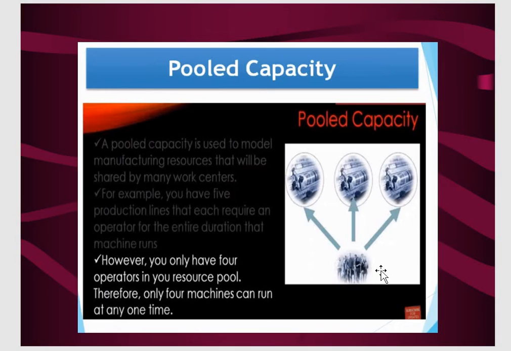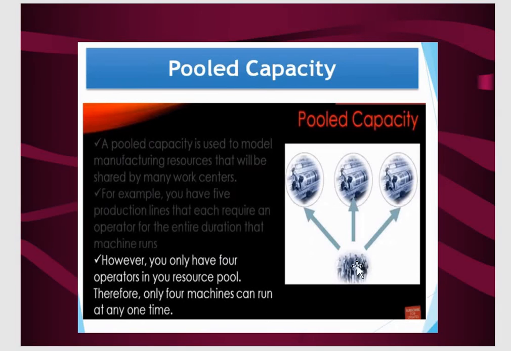You create the pool capacity using the transaction CR11, and once it is created, you use that key, that pool capacity number, under the work center. This pool capacity is used to model manufacturing resources that are shared by many work centers. So suppose this employee runs these three machines.